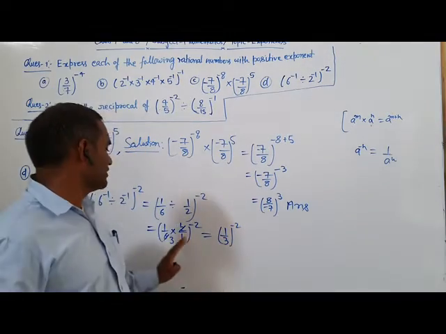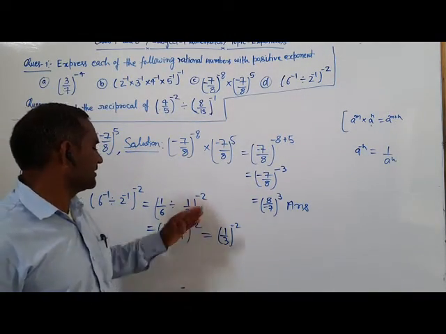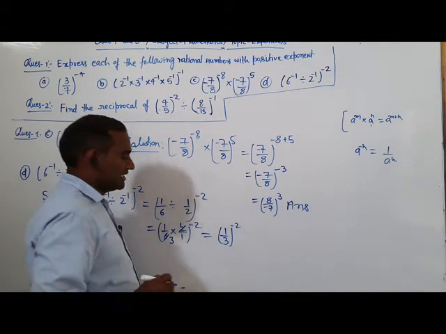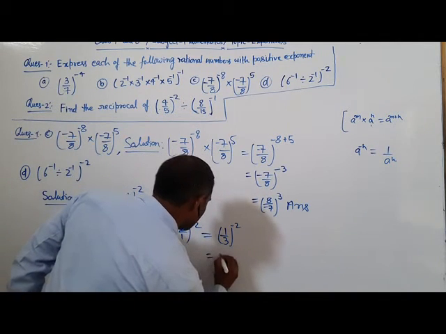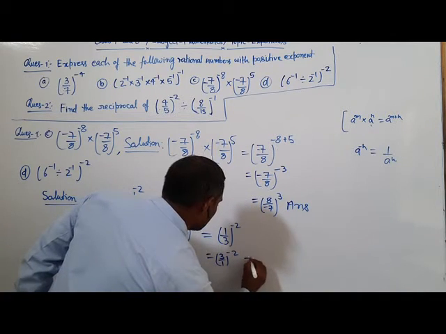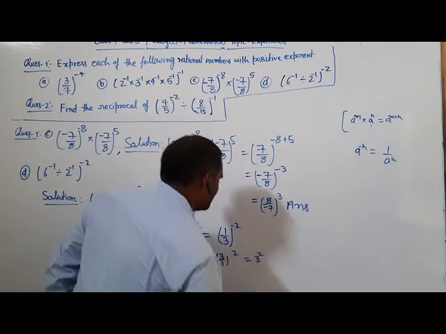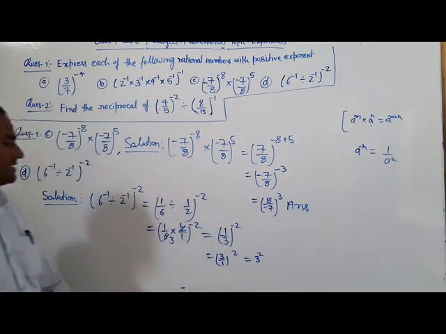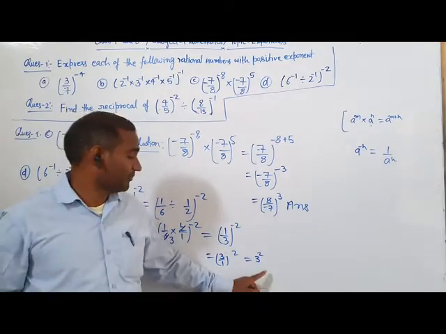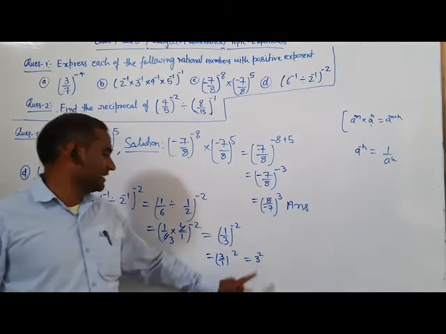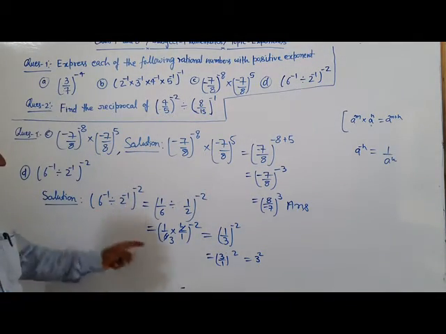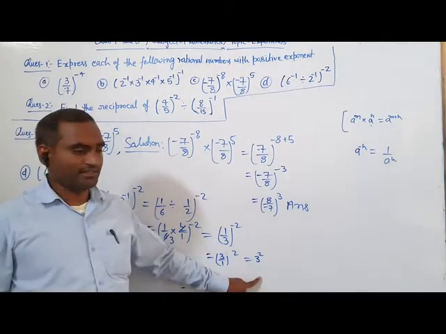You have to change numerator into denominator and the power will change into positive. So (3/1)^2 is equal to 3^2. Here the power is positive, so we changed it into positive exponent.